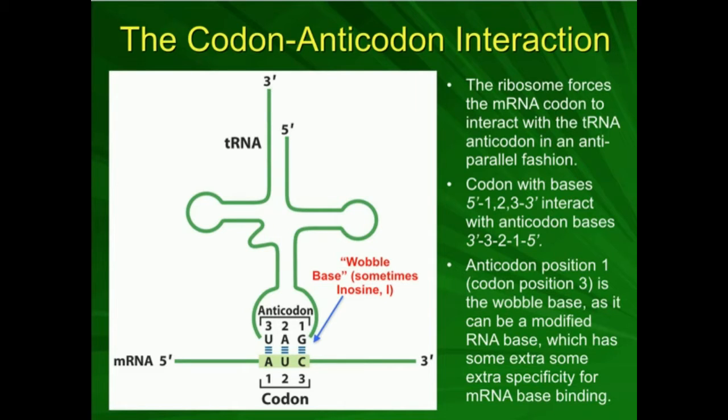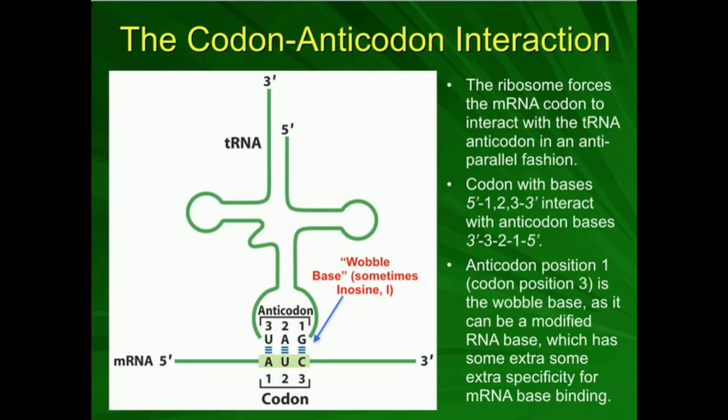However, the way we normally look at it is that the mRNA is going to be anti-parallel to the tRNA, meaning the mRNA codon is anti-parallel to the tRNA anticodon. So, if the codon is AUC, we want it to be complementary, so the anticodon will be UAG.